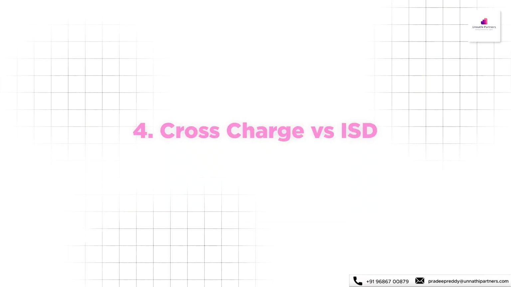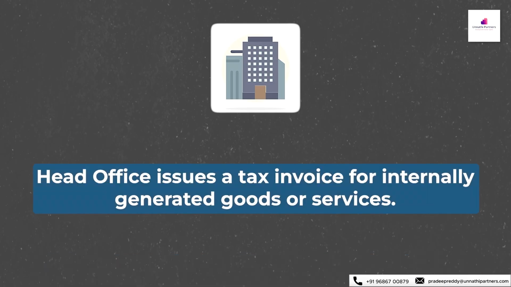Number 4. Cross-charge versus ISD. In a cross-charge scenario, typically the head office raises invoice on the branch offices towards common goods or services which are utilized by more than one branch. And further, such goods or services may be procured from a third party or internally generated.